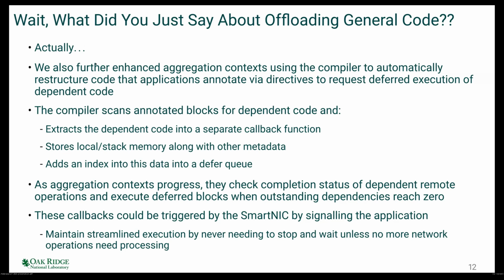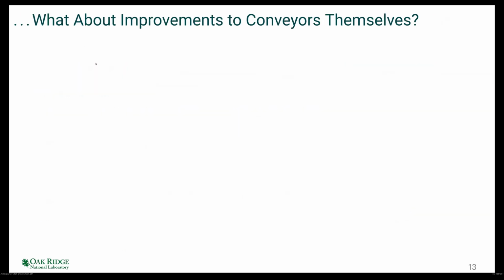So we're never waiting on everything. Every time something needs to be acted upon, there's a well-defined path. You do it and you're done. It's non-blocking in the other direction, basically. And then they just keep doing things when available and only ever stop when there's nothing left that they can do. Okay. So then what about improvements to the conveyors themselves?